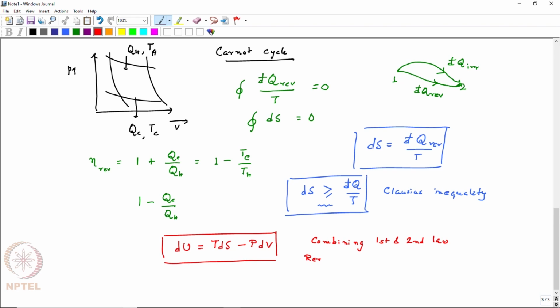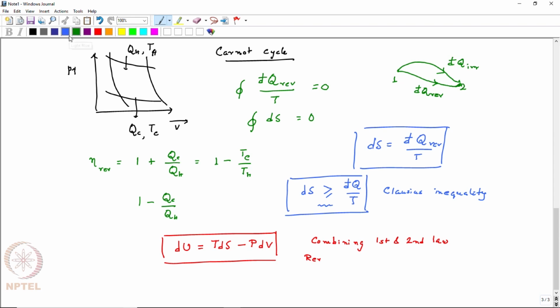For an irreversible process, you'll always get dS greater than the heat change divided by temperature. Now from this relation, which is only for the reversible process, we can get many other relations.